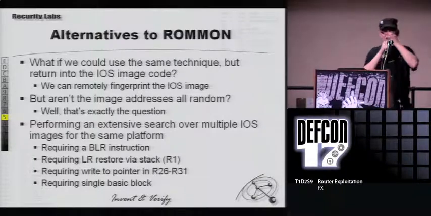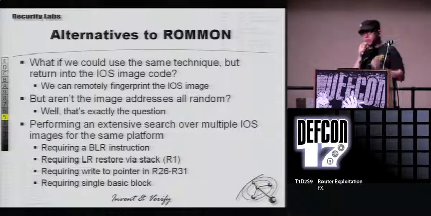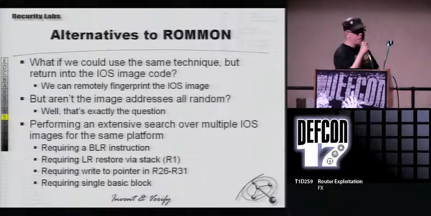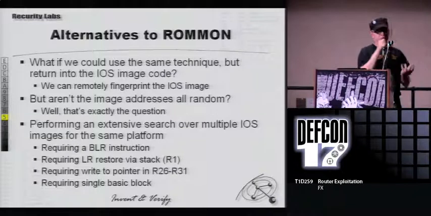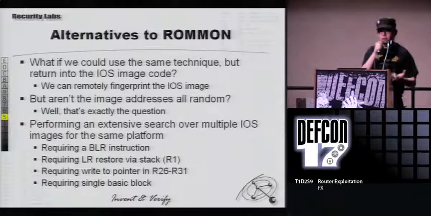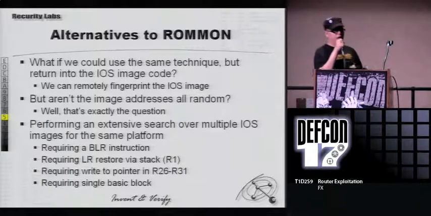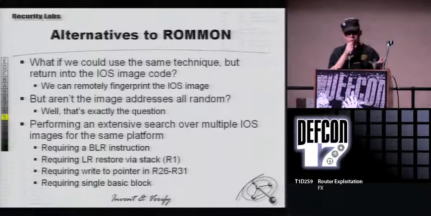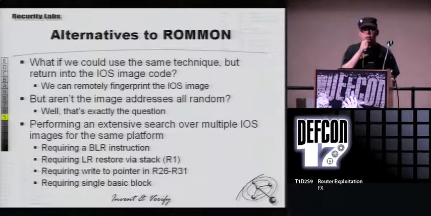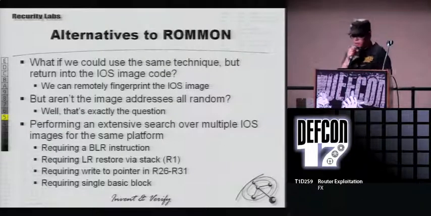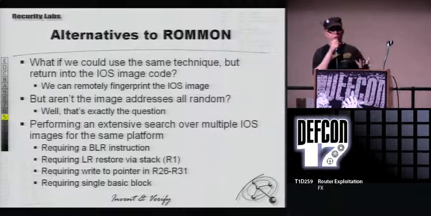So I got a new machine, and then I wrote a Perl script that disassembled 1,597 iOS images and runs a code similarity search on them. It finds every return, every BLR instruction, parses upwards, and validates that the link register is actually restored from the stack, because that is required. And then it also validates that it has an arbitrary memory write, and that it's all in the same basic block, so nothing can go wrong in between.